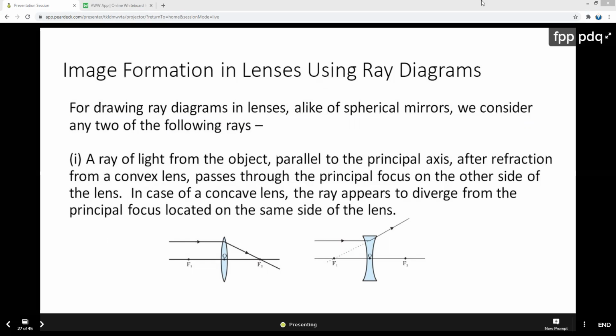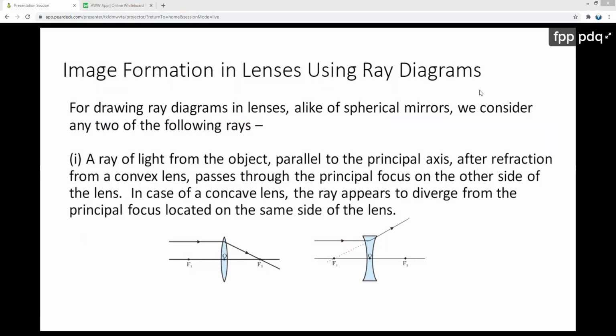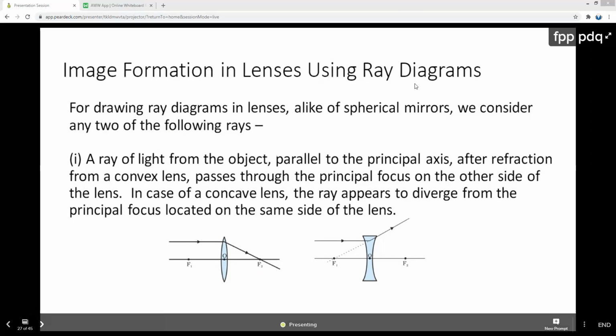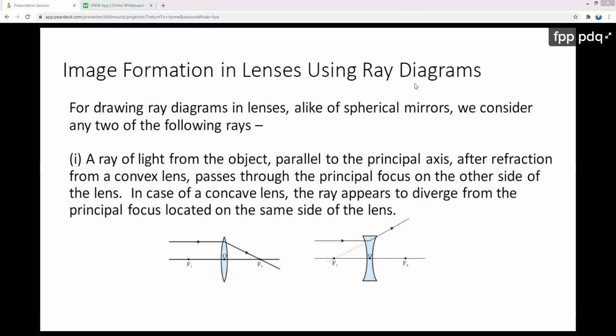Formation of ray diagrams in lenses. For drawing ray diagrams in lenses or spherical mirrors, we consider any two of the following rays. A ray of light from the object parallel to the principal axis, after refraction from a convex lens, passes through the principal focus on the other side of the lens. In case of a concave lens, the ray appears to diverge from the principal focus located on the same side of the lens.